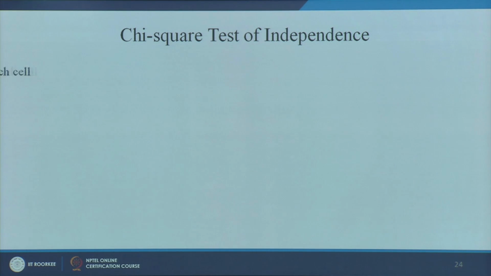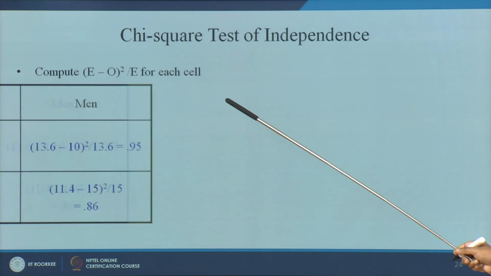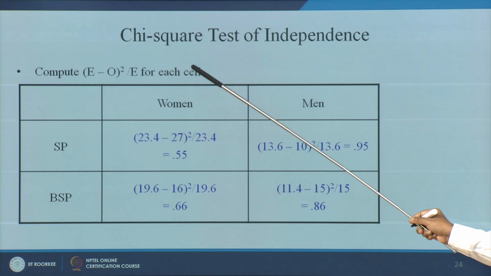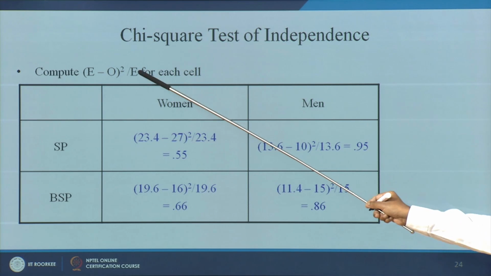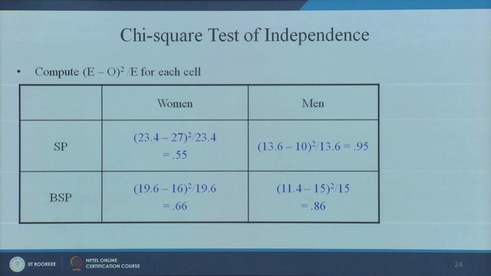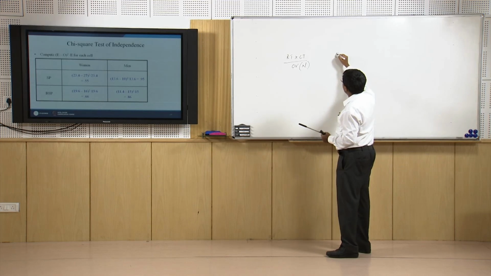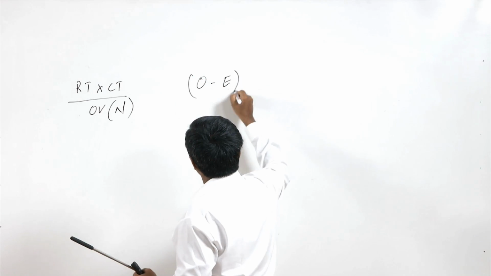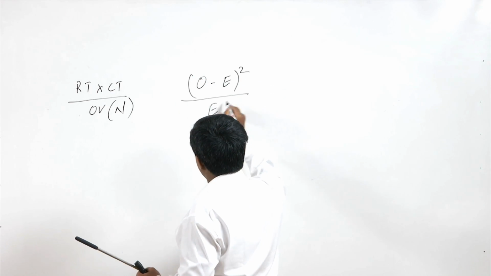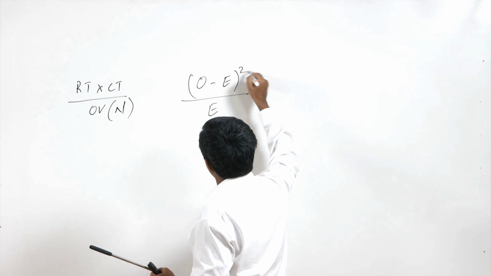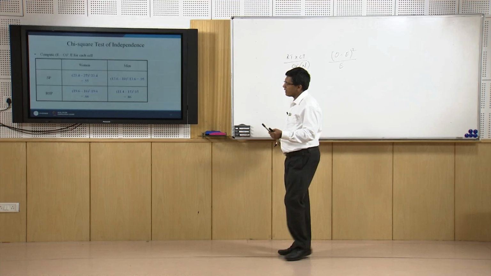Okay. Now, once we have calculated this, from here we will calculate the expected minus observed squared, that formula. So, again as I said, I generally have a habit of writing observed minus expected squared divided by expected. This is fine because anyway the square will take care of the other things, right.